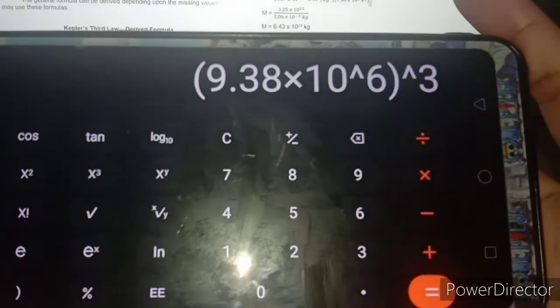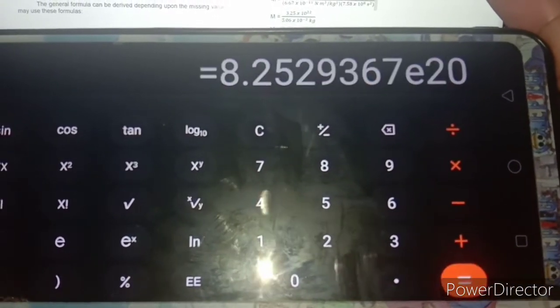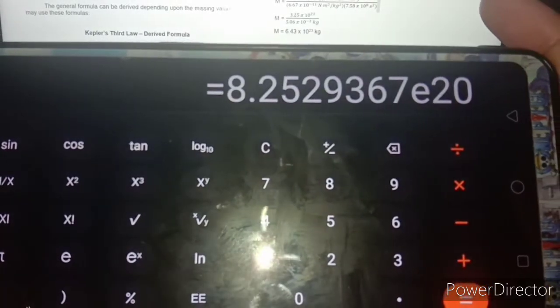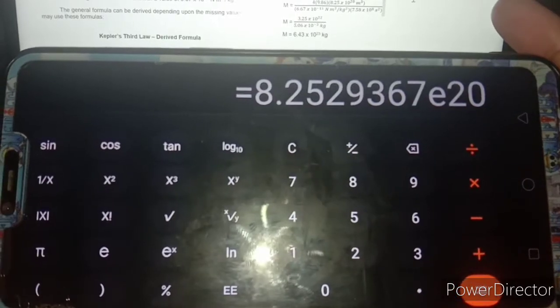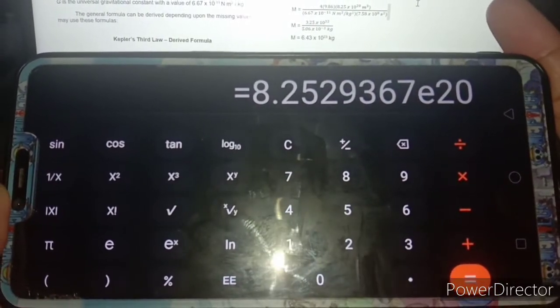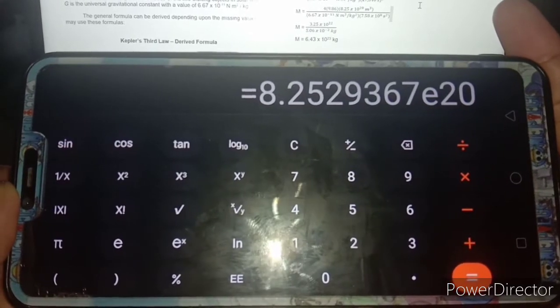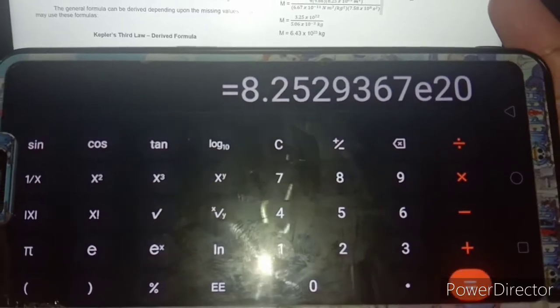So, yan yung magiging result niya. And then, kapag in-equal sign natin siya, so, ang magiging sagot natin is equal lang din dun sa nasa calculator natin. Nagkakaunawaan po. But still, if you have clarification regarding on how to use cellphone in computing these values, so pwede naman kayong magtanong sa akin.